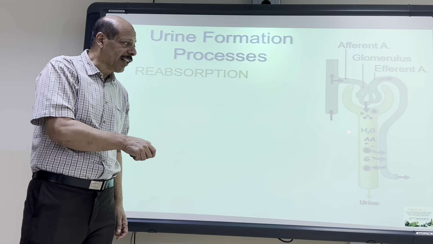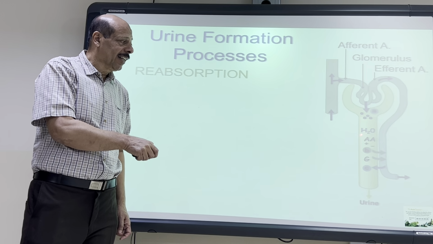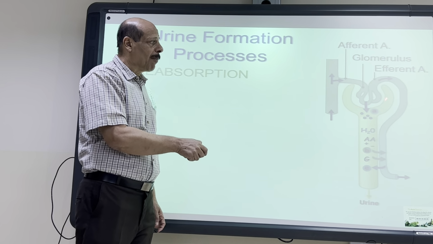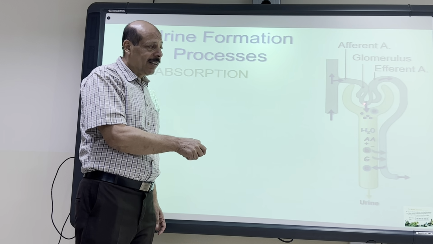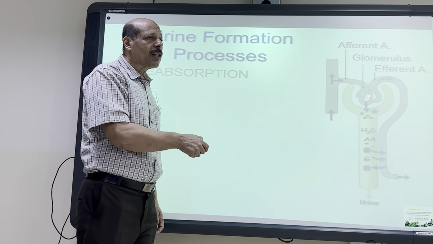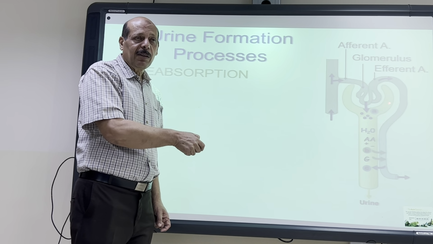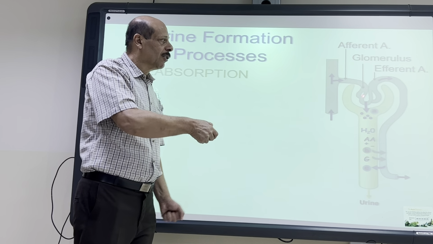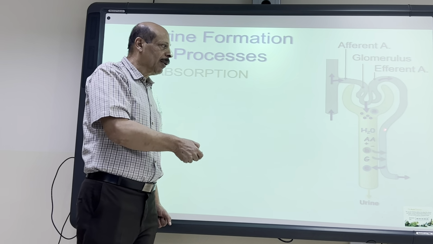So here the concentration is high and the pressure is high. Mainly the urine is formed through the pressure. The filtration occurs due to the high pressure, so it is coming out due to the pressure.